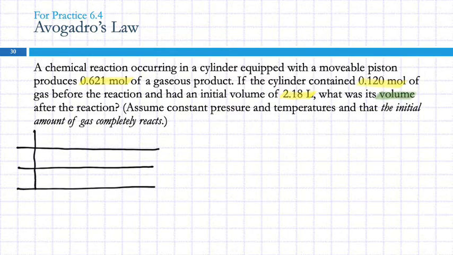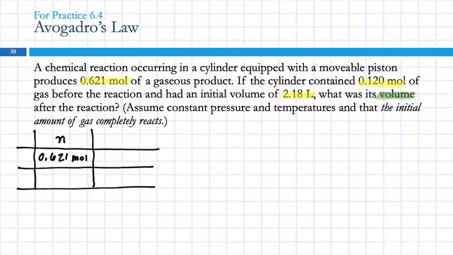So the first number I come to is 0.621 moles of gas. So I'll just put that up here in this box. Which of the four properties is that? P, V, N, or T? N, the amount of gas in moles. So that's N.